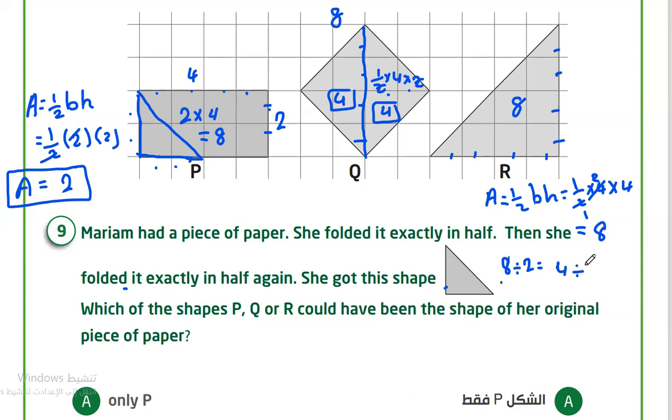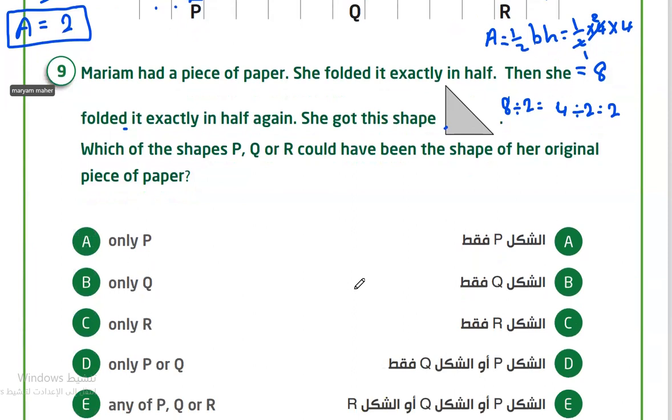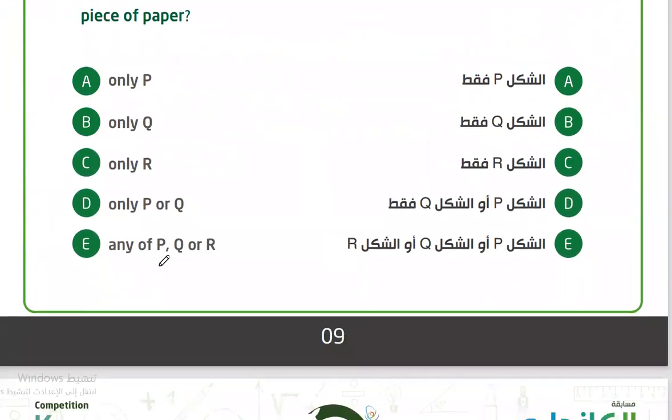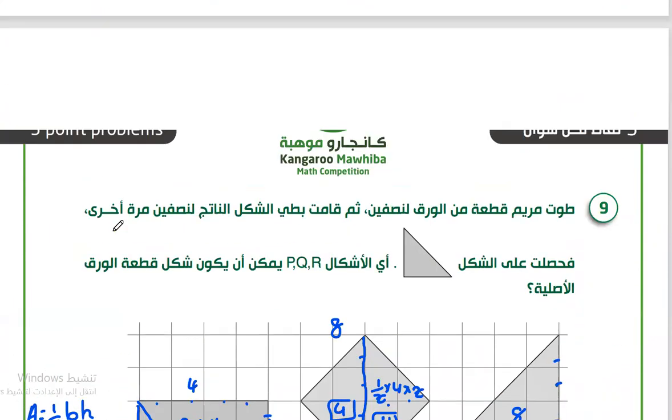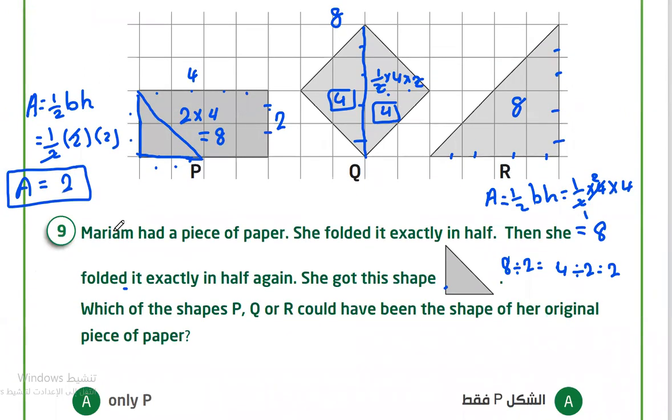Also we bring the half again, so it is 2. So she got this shape. So now, what's the answer? The answer could be any of P, Q, or R. Q or R, right? Yes. The answer is E because they have the same area. Is it clear, Mariam? Yes, it's clear.